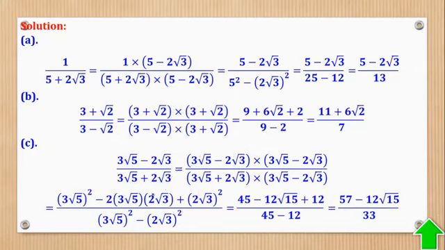For that's numerator, denominator, difference of two squares, so this squared minus this squared. The next is to simplify. You see, this became 45. How did it happen? Because 3 squared is 9, then square root of 5 squared becomes 5, which is 45.